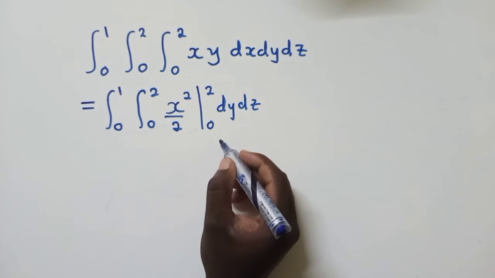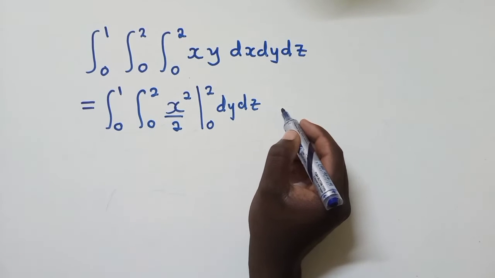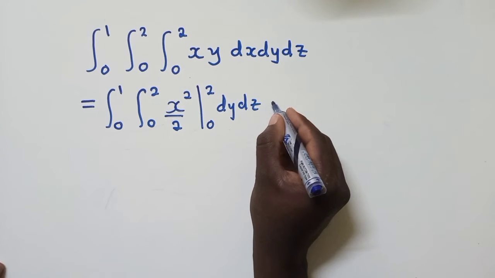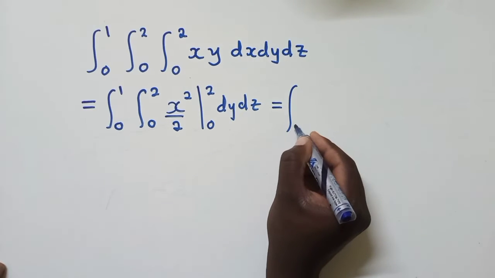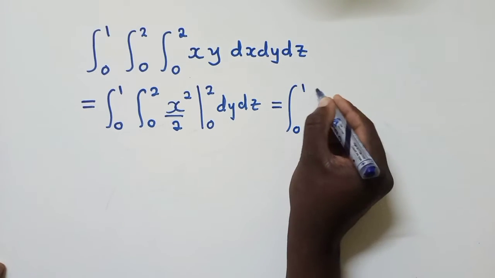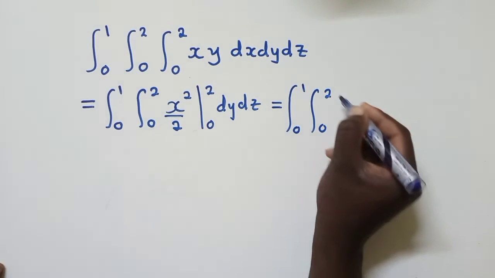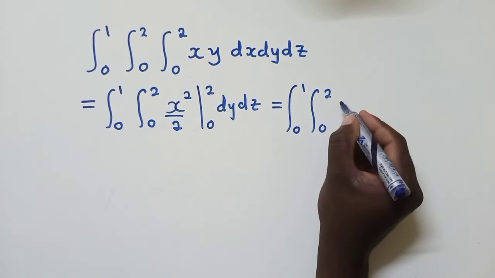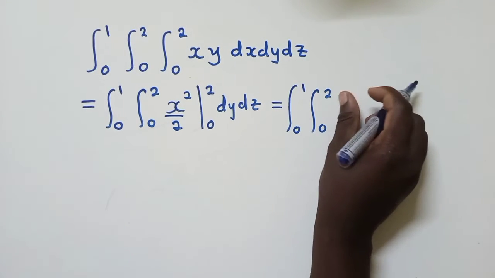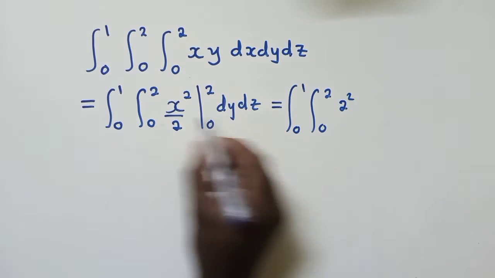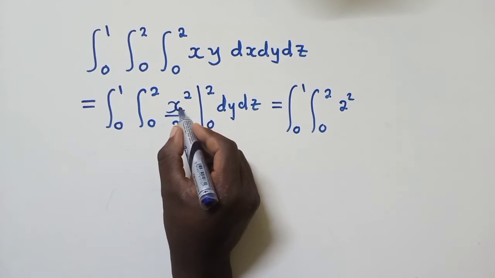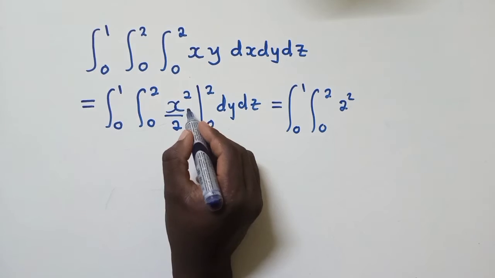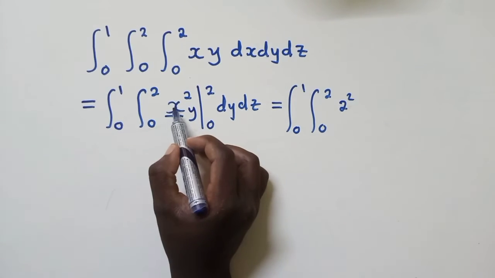Okay. So now here it's just to simplify. So equal to the integral from 0 to 1, 0 to 2, and then we put a 2 here, so it will be 2 squared. Okay, and actually we have forgotten y must be here.